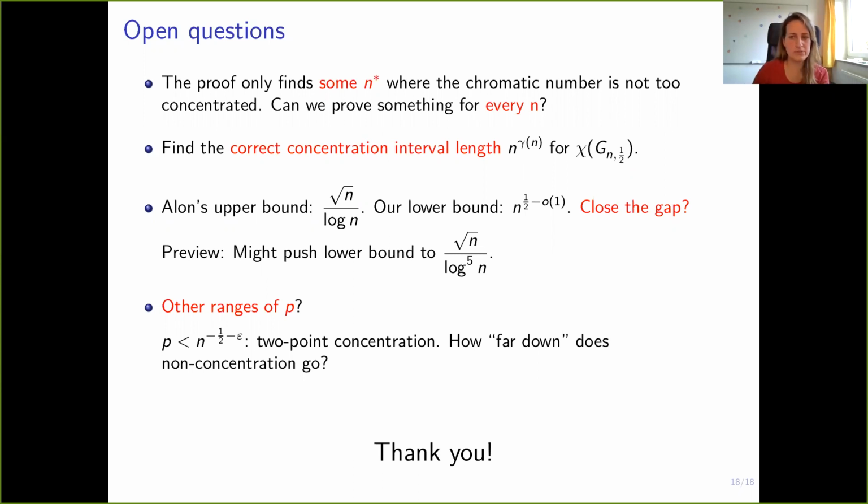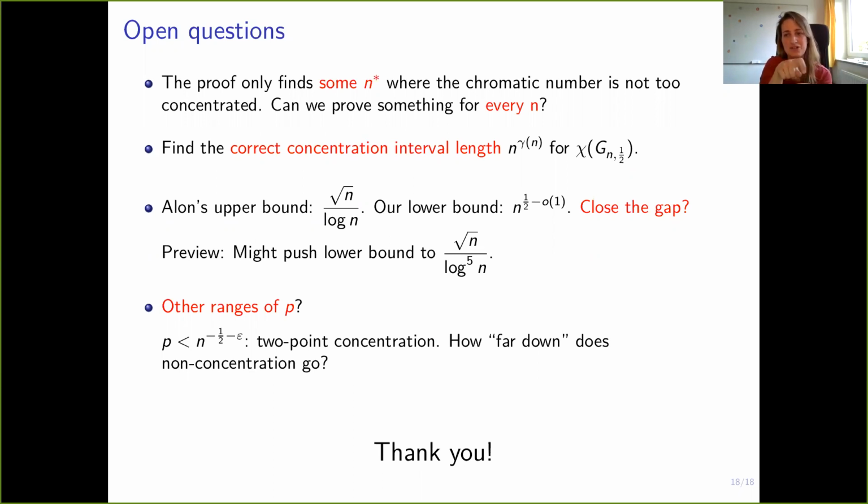Okay, so if you fix n and you have some p, and you increase p slowly from 0 to 1, and suppose it was always 1 point concentrated, then as you increase p, first it's 1 point concentrated on one particular integer, and then at some point it would jump up to the next integer.